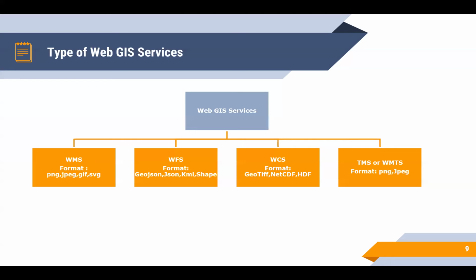Now, coming to the next very important point, this is the type of web GIS services. As I already told you, whenever we are working with GIS data, we need one GIS server. Why do we need the GIS server? You have developed some data, and currently you have it on your machine.